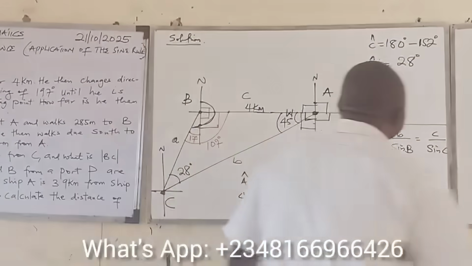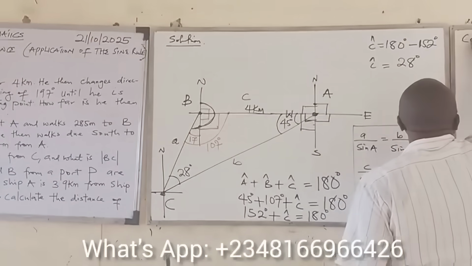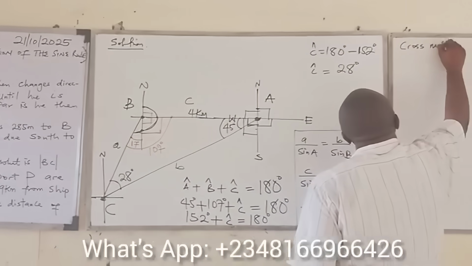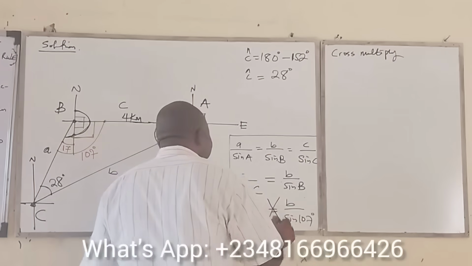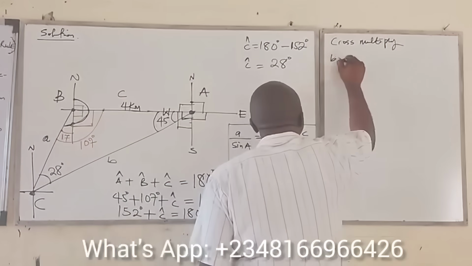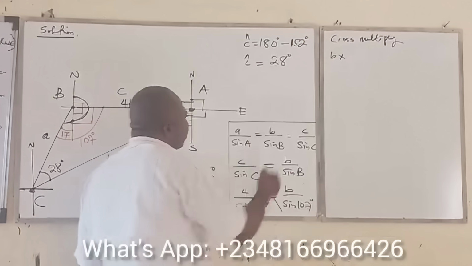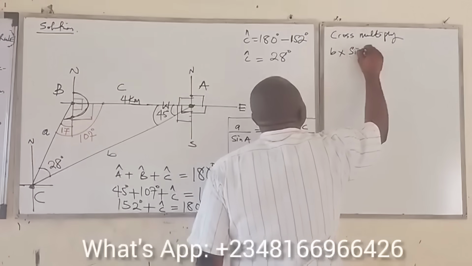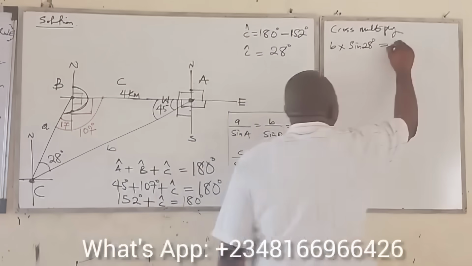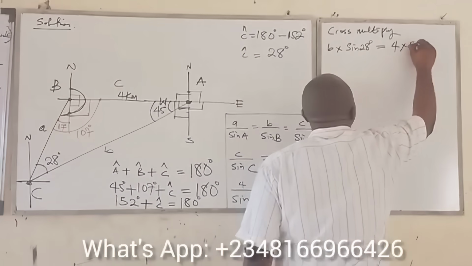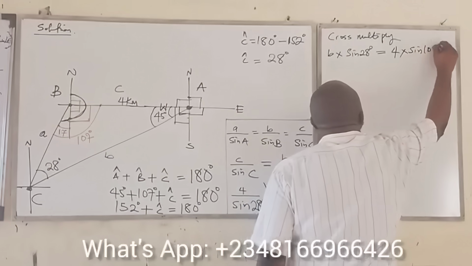So now the next step is to cross multiply. When you cross multiply, here we have b times sine 28 degrees is equal to 4 times sine 107 degrees.